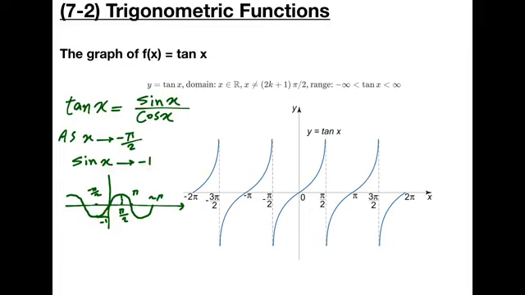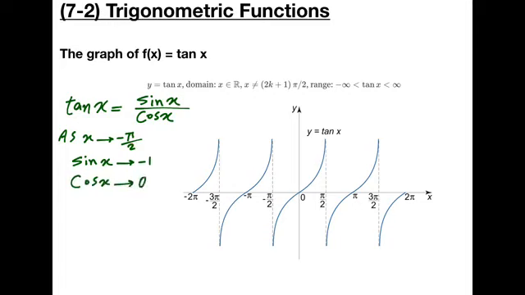Okay, now let me erase the graph here. Let's see what happens to the graph of the cosine function. So I claim that as x tends to negative pi half, cosine of x approaches 0 again. And again, that's obvious by just looking at the graph of the cosine function. The graph of the cosine function starts from here, if you remember.